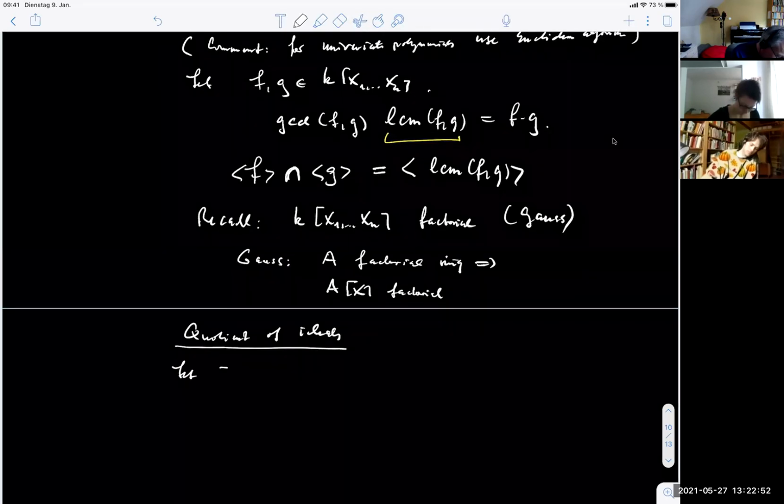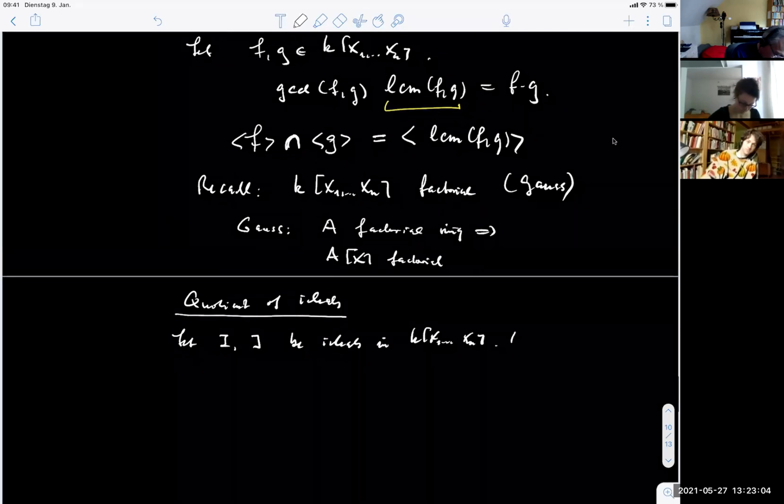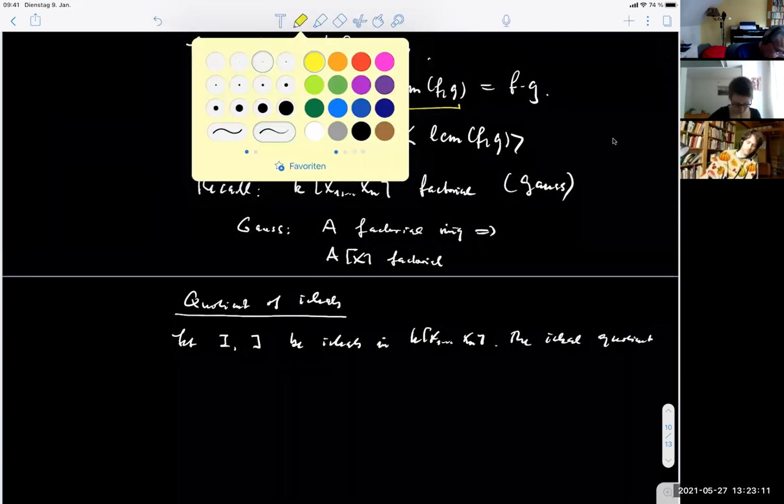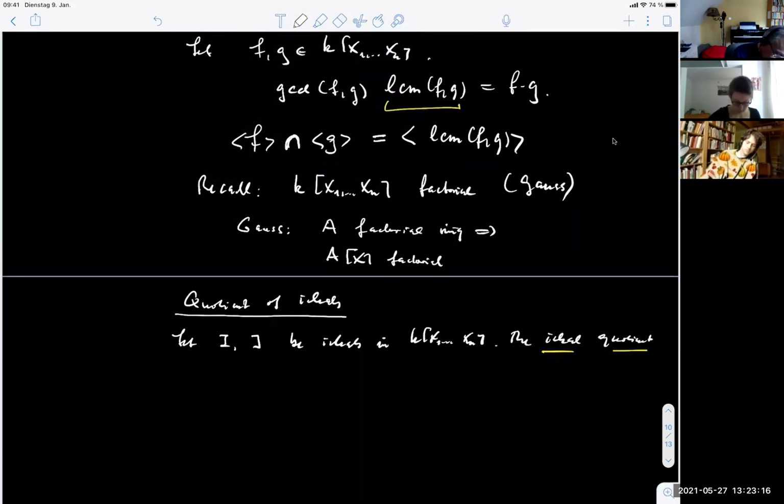Let I and J be ideals in our polynomial ring, as usual. The ideal quotient I divided by J. I had it in chapter 1, but it was so abstract that I don't know whether you remember.